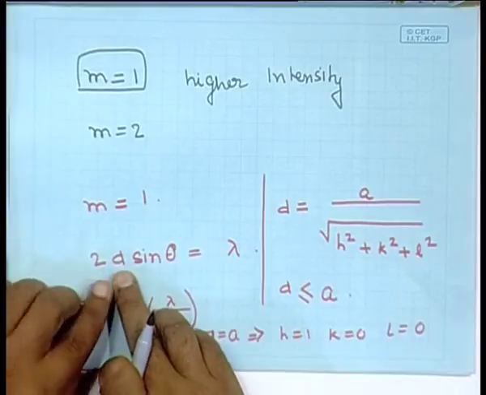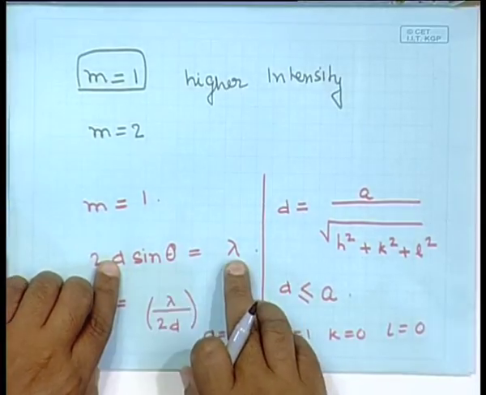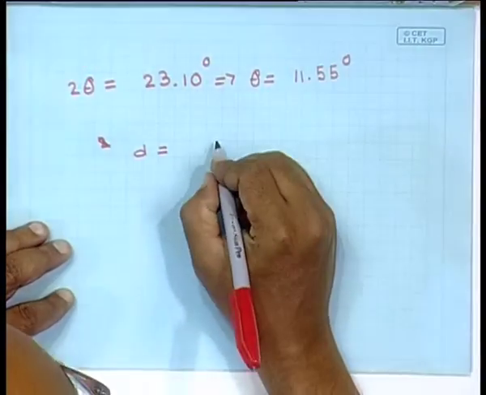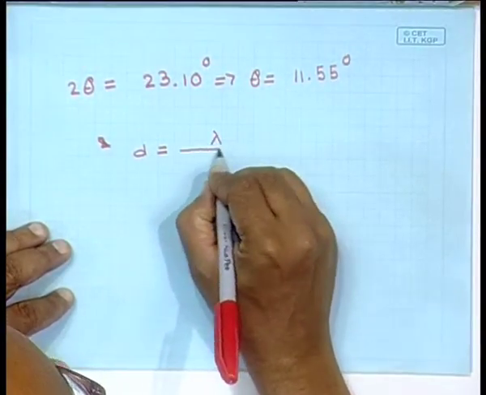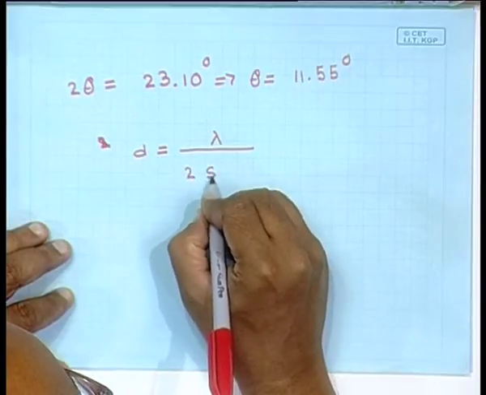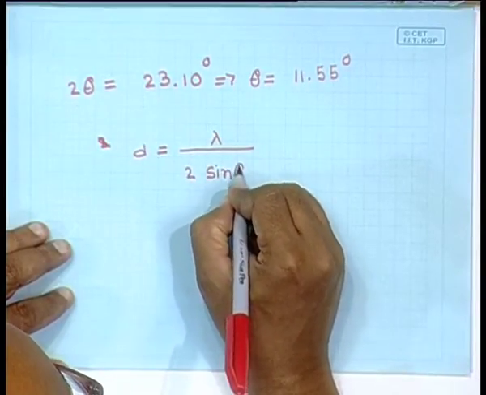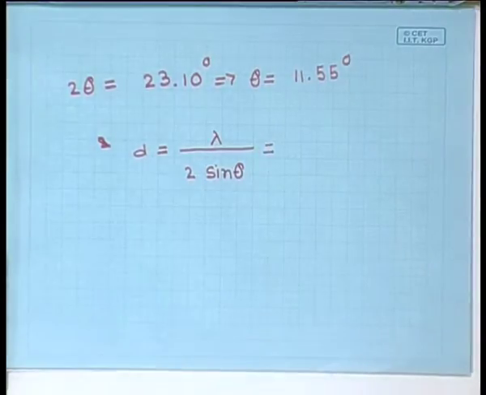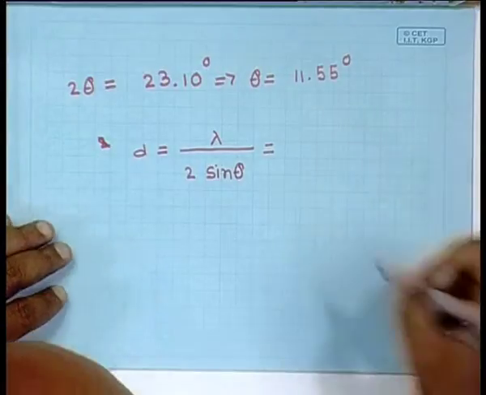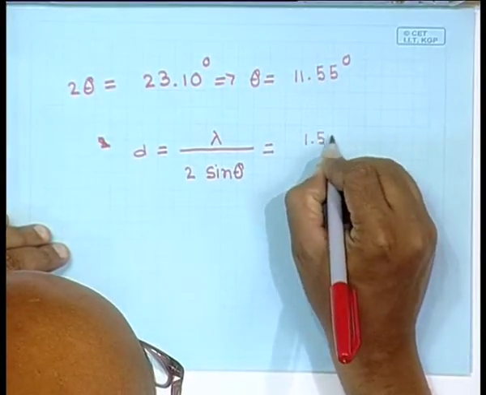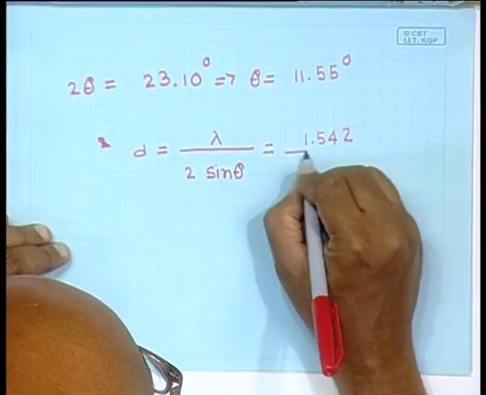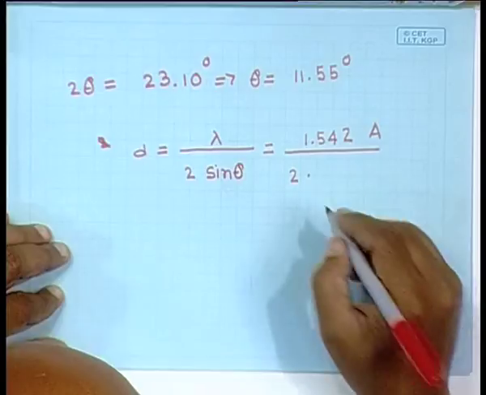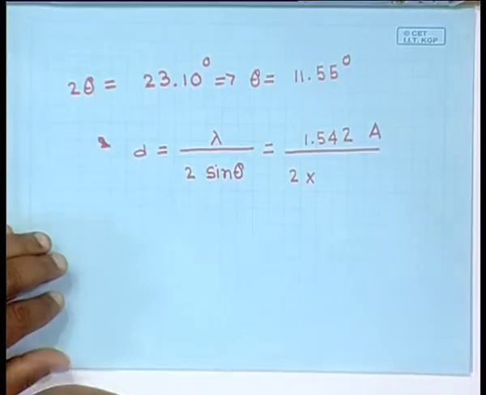Let us determine d from here. d is equal to lambda by 2 sin theta. So, this gives us 1.542 Angstrom divided by 2 into sine of 11.55.